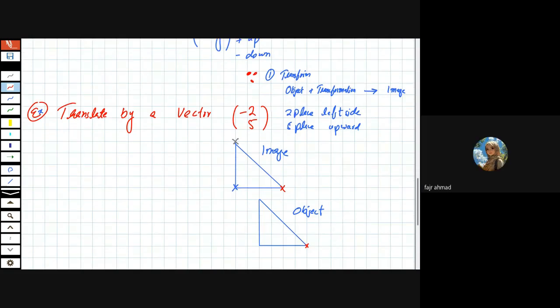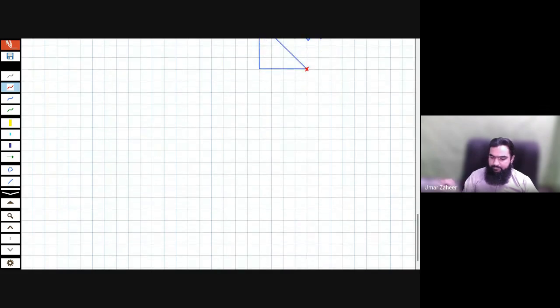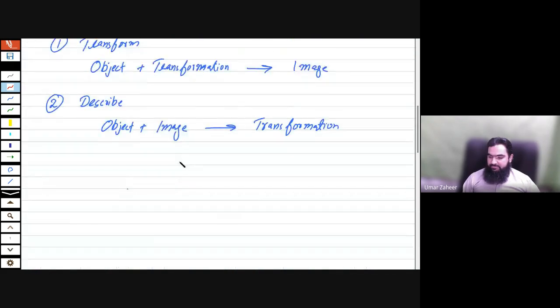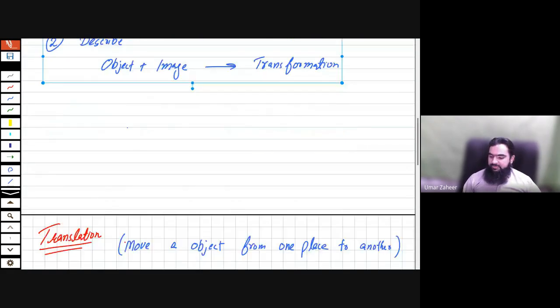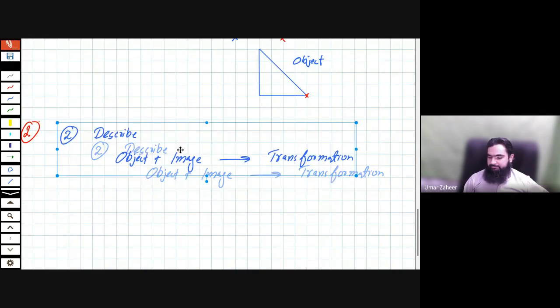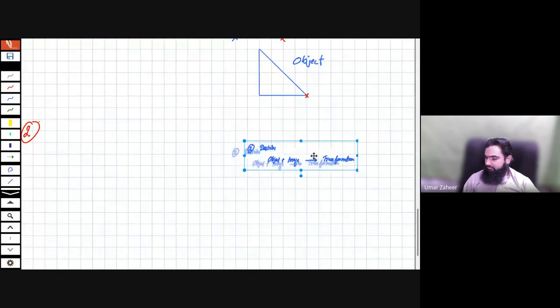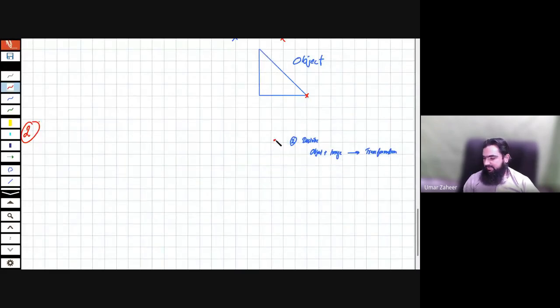All right, let's do the second type of question. In the second type, the examiner gives you the object as well as the image. You have to describe the transformation.